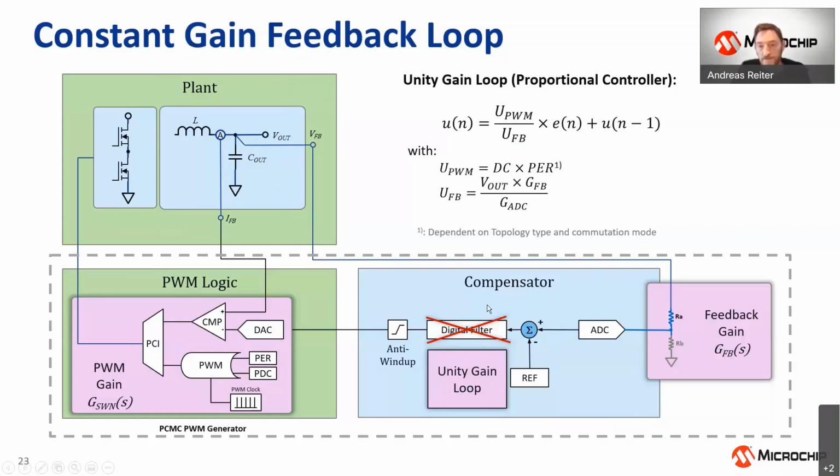It's still just a transfer function after all. The PWM gain over the feedback gain is the constant factor which is multiplied onto every error we see between the reference and the most recent ADC reading. Then we just add this to the previous control output, so that over time, when that loop is running and the error is big, it starts to build up a control output until the error is 0, and then our output is in regulation, and that is the condition we need to perform the measurement.